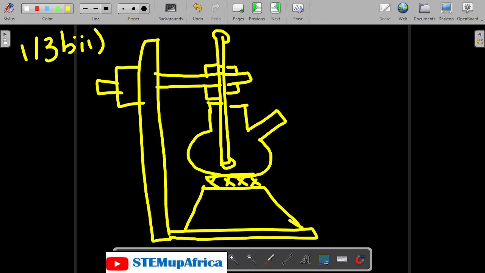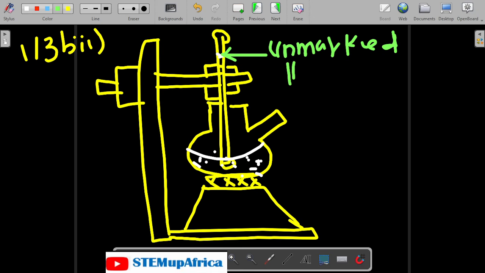Here there is water at this point. Just take here as your mark. So here becomes the unmarked thermometer. Here the water is boiling, we have steam coming out.